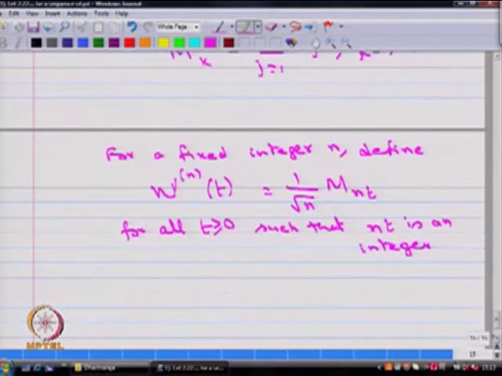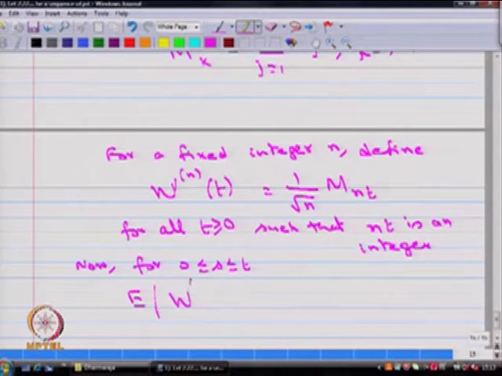If you find out the mean and variance for the difference of the random variable Wn of t minus Wn of s for 0 less than or equal to s less than or equal to t, this quantity will be 0.